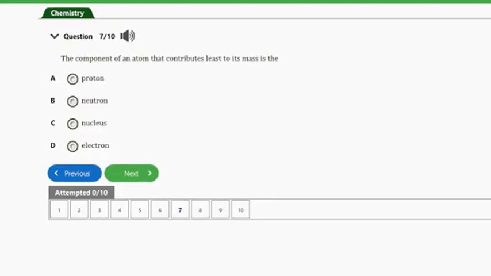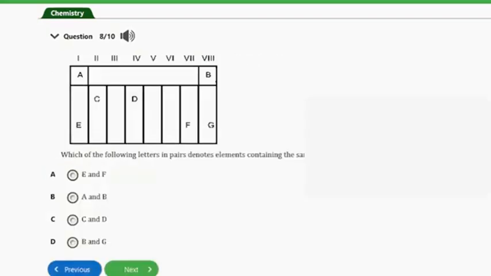Actually, the mass of an electron is about 1 over 1840 that of a proton, and that's way too small to be compared to that of a proton. So that's the component of an atom that contributes least to its mass. So let's consider the next question.